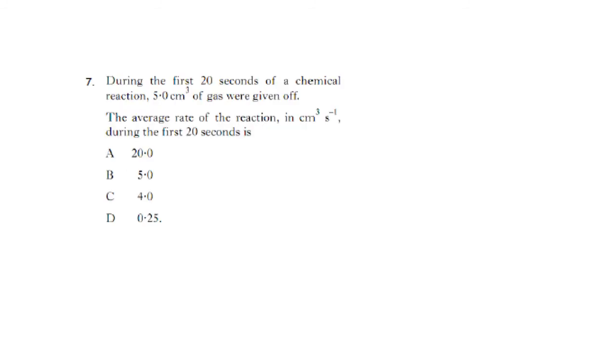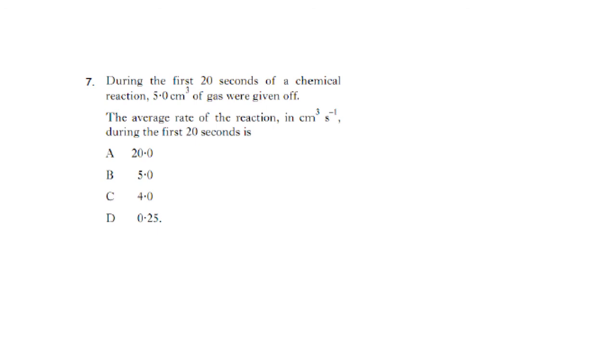Now here we have a question that again, it's just a sentence and we have to work out the rate. So during the first 20 seconds of a chemical reaction, 5 centimeters cubed of gas were given off. What is the average rate of reaction during the first 20 seconds? So you've got 4 answers and you have to work out which one is correct.